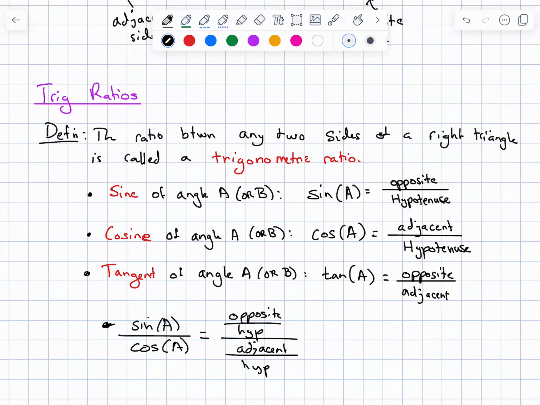And if you remember about fractions, when you divide by a fraction, you flip and multiply. So this is opposite over hypotenuse times hypotenuse over adjacent. The hypotenuses cancel, and you've got opposite over adjacent, which is tangent of A.